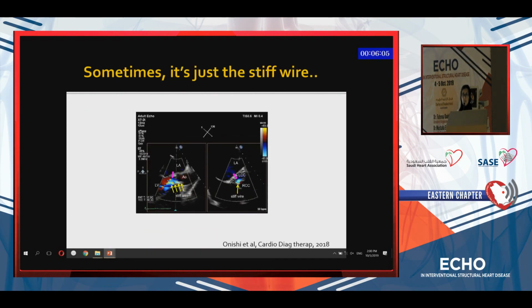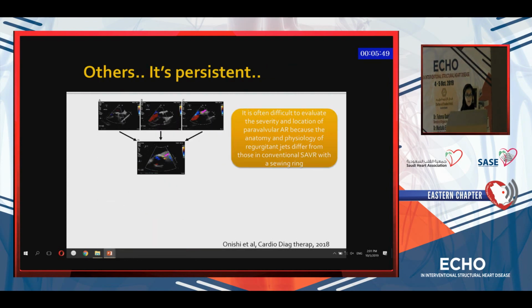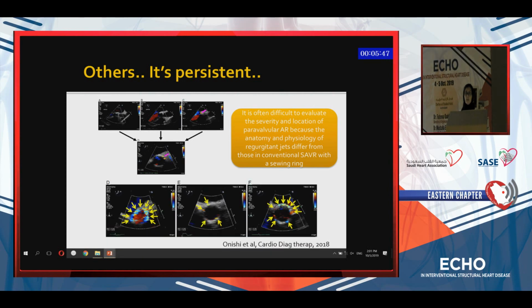Transvalvular regurgitation could be simply because of the wire placement. So it can guide you to try to remove the wire, and then the degree of aortic regurgitation will significantly reduce. In other cases, as mentioned, paravalvular aortic regurgitation is quite challenging to assess, especially for people that do TEEs in the OR.